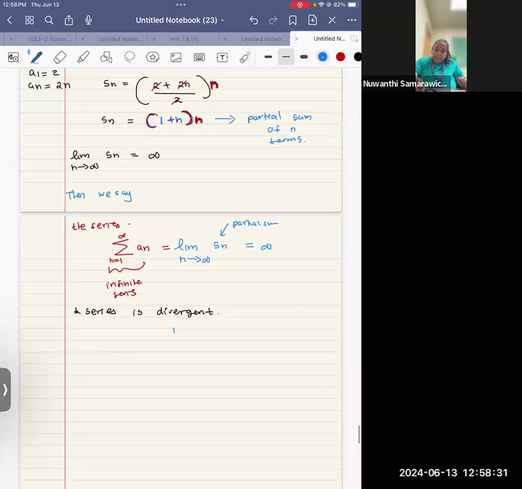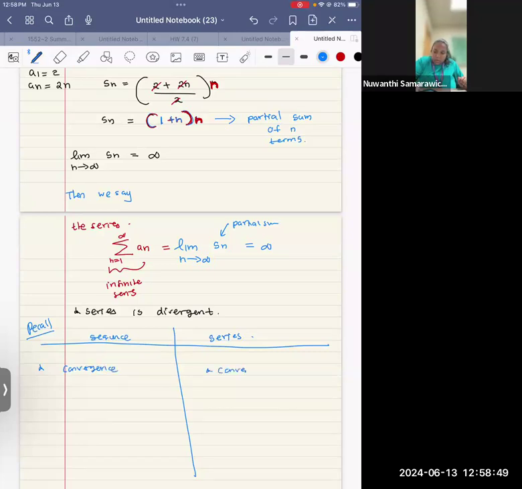Okay, so let's again recall what we did. Recall, this is a sequence and this is a series. To check the convergence, up to here, I will teach you other ways, but up to here, how did we find whether a sequence is convergent? Your sequence will look like this, in curly brackets.